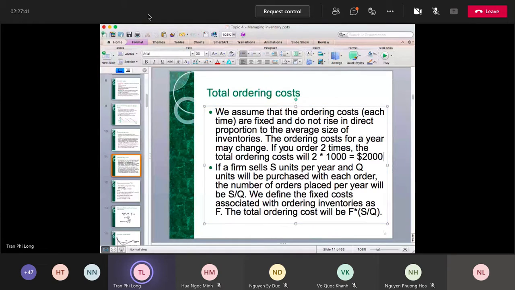So I hope you understand me. The ordering cost for each time will be fixed. However, the total ordering cost for a year will increase with the number of times you order. The more times you order, the higher the total ordering cost.